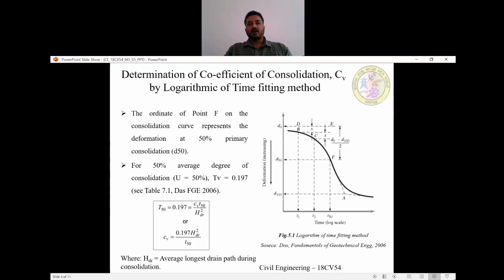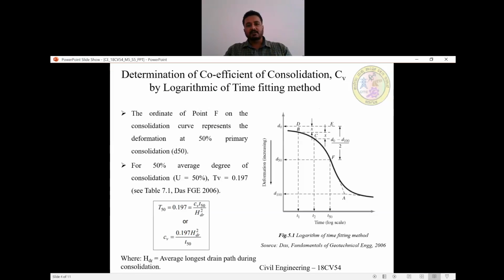So the ordinate of point F on the consolidation curve represents 50% of consolidation. That can be got by finding the mean of the difference between the initial dial gauge reading and the dial gauge reading corresponding to D100.